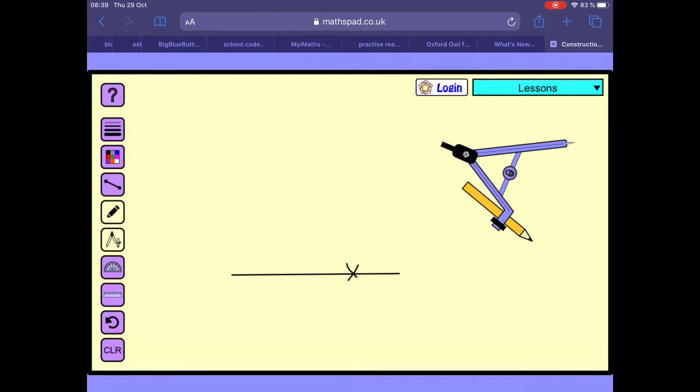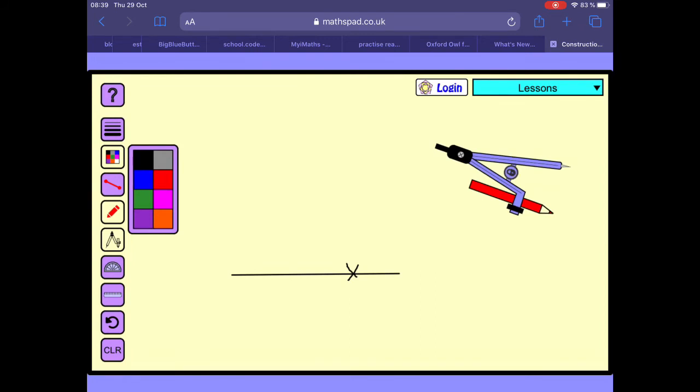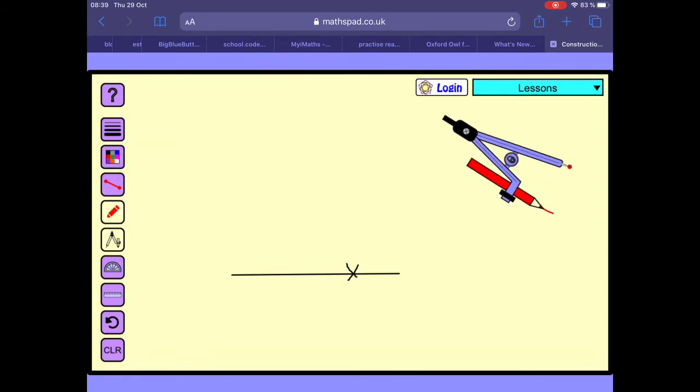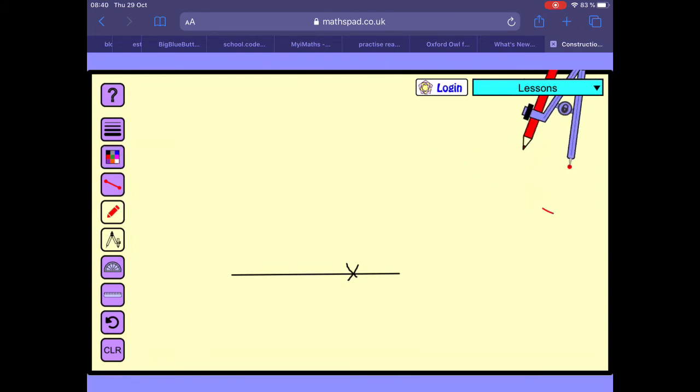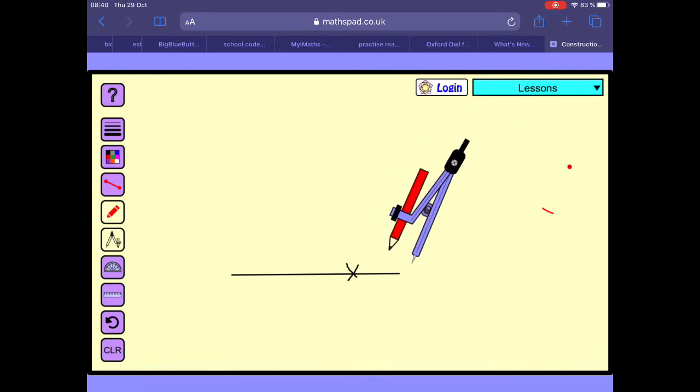Okay, so let's go. We're going to need our compass again. Now, I'm going to open the compass. Not very much at all. I'm just going to open the compass a little bit. Pay attention because this one is a little bit more complicated.